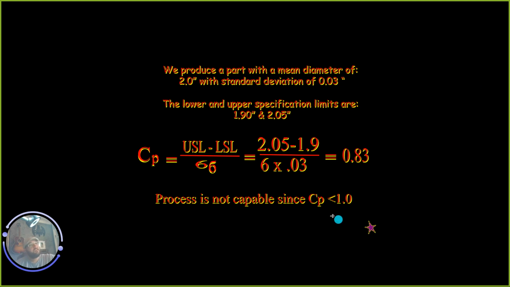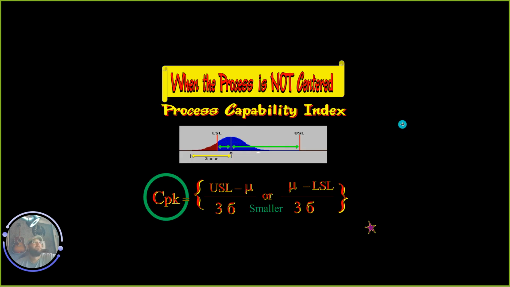Essentially when we look at this, we get 0.83, and the process is not capable because it's less than 1. Always remember you need at least 1 to have an okay process. Now, what do we do when the process is not centered? We use the process capability index, CPK.